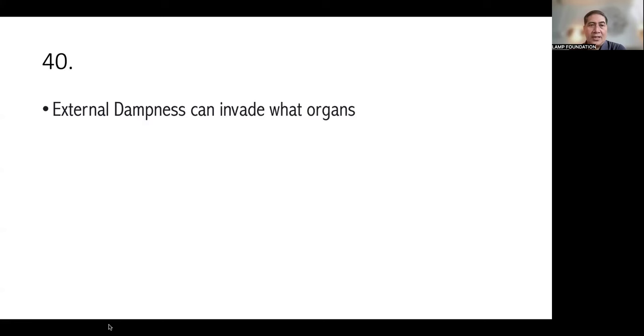Good. External dampness can invade what organ? The bladder, gallbladder, stomach, intestines, and uterus. Very good. Let's discuss the manifestations of external dampness invading blood.